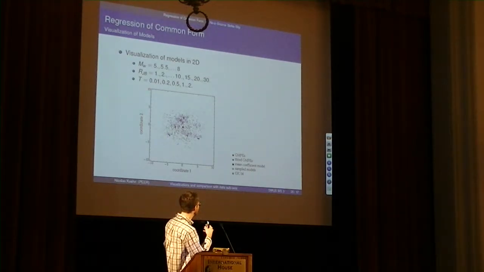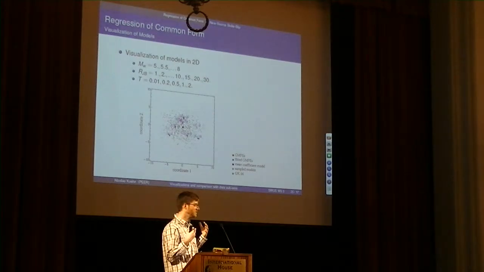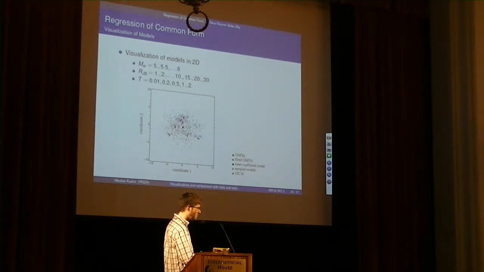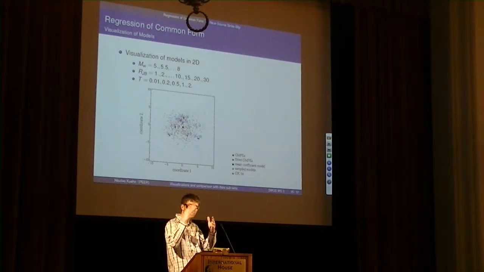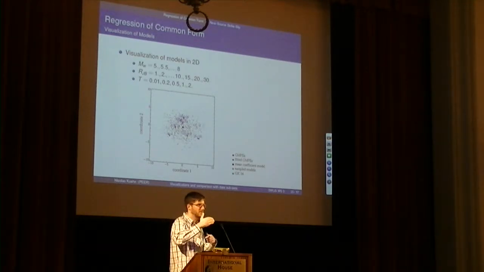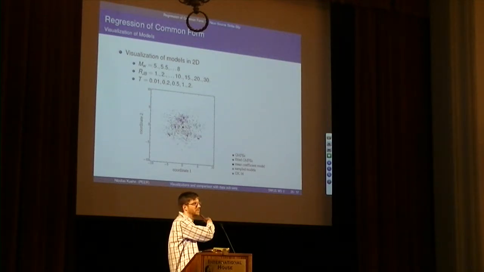It's also important that this is based on average distance in ground motions. So if something has a really weird, wiggly shape, it could still have an average distance close to one of the models, and then it will still be close to that model in 2D. That's just something we need to keep in mind.